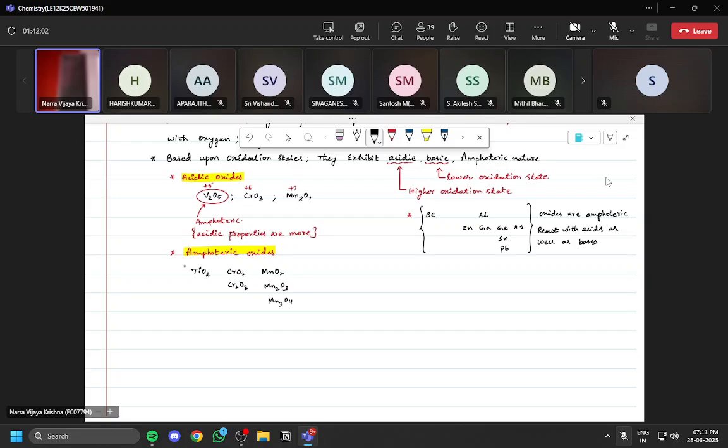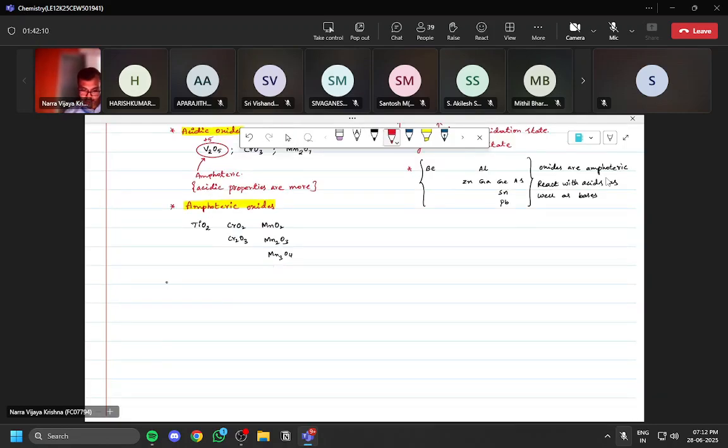Remaining all are basic. So in the list, what are the other oxides given? Basic oxides. First they gave scandium or not? Scandium oxide given or not?